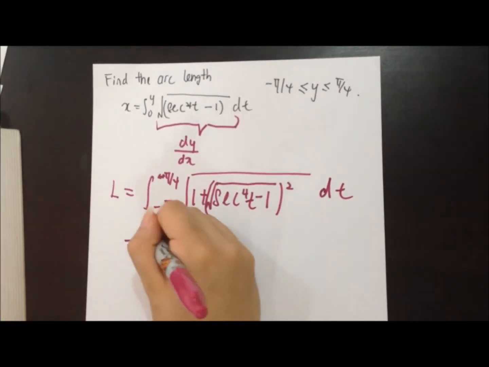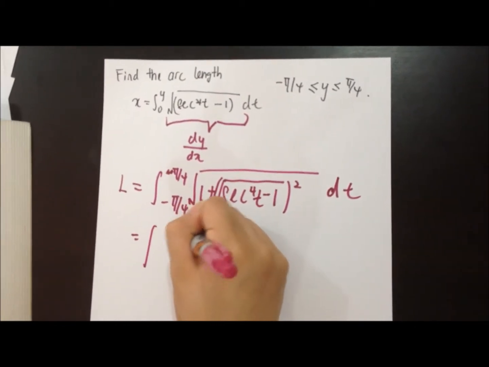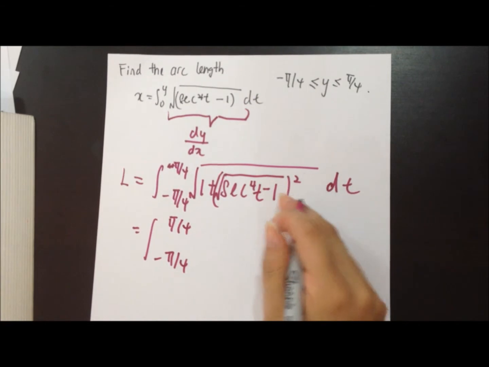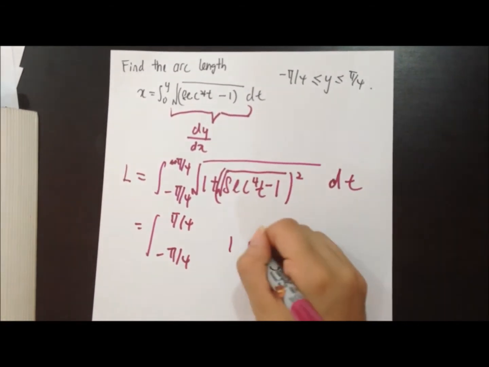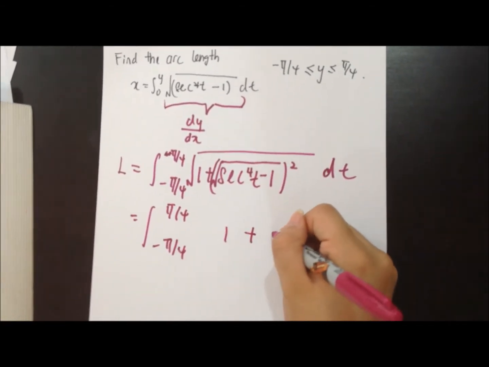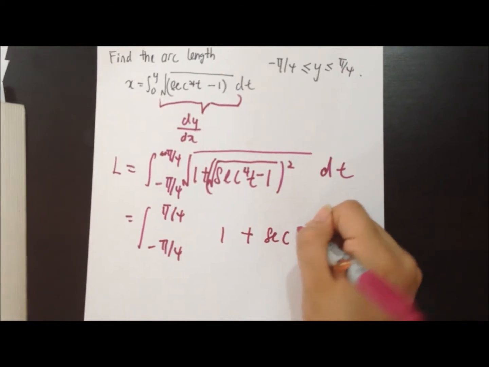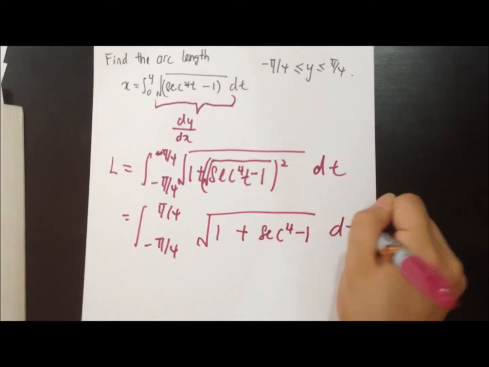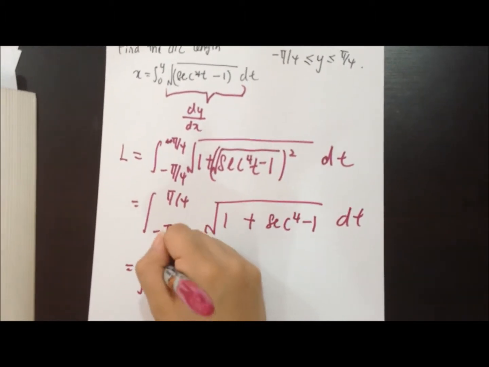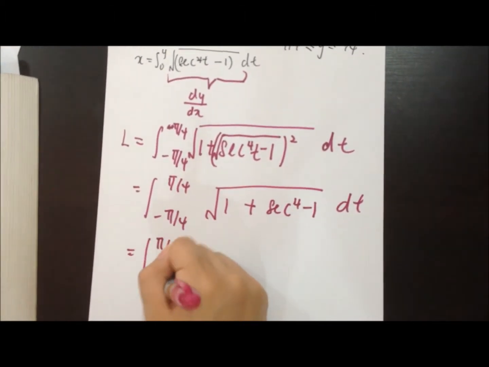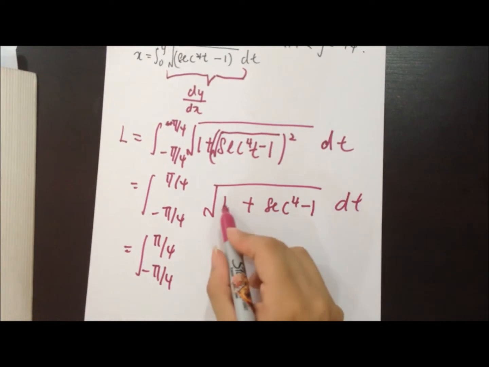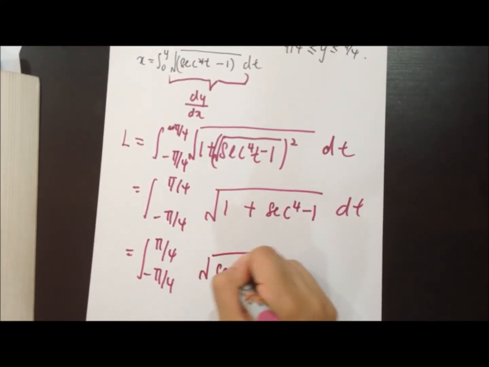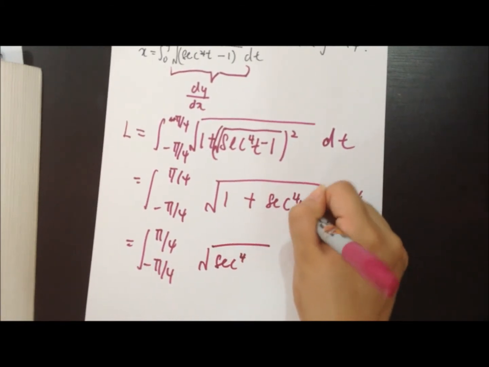Okay. Now we will continue to do it. So substitute it, here will become 1 plus secant to the power of 4 minus 1, square root dt. And after that, plus 1 minus 1 will become 0. So we will be left with secant to the power of 4.